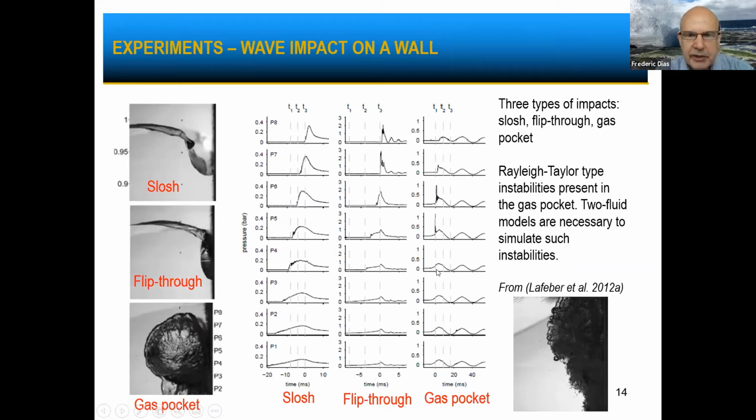And then for the gas pocket, these typical oscillations behind. There are also some instabilities present in the gas pocket. You actually see it here. So two-fluid models are necessary to simulate such instabilities. This is a hot topic right now.